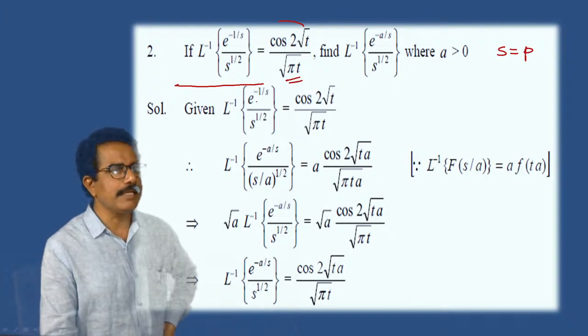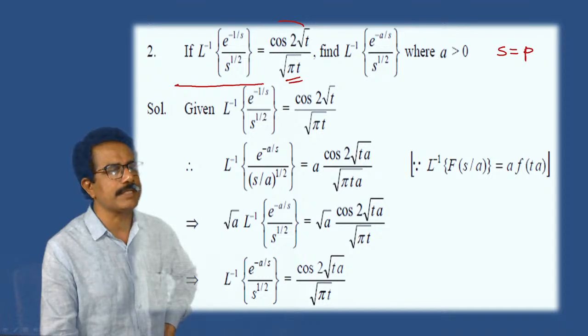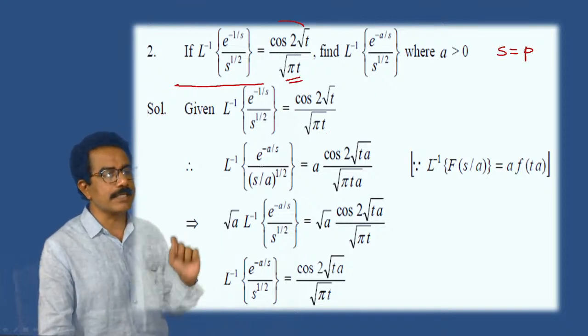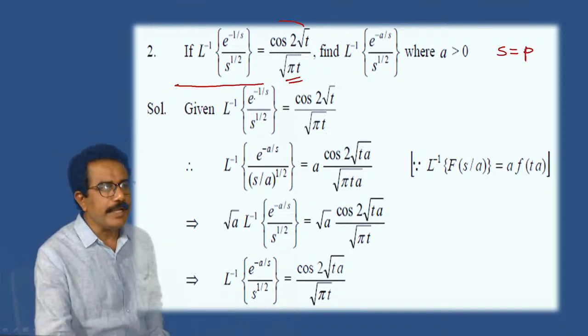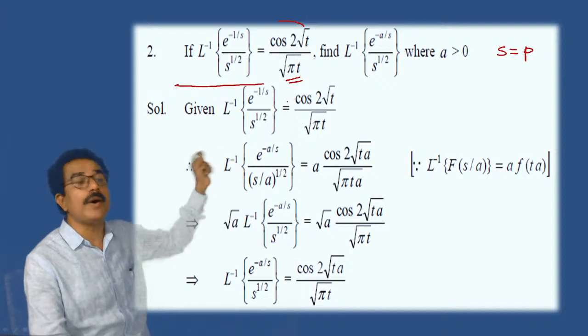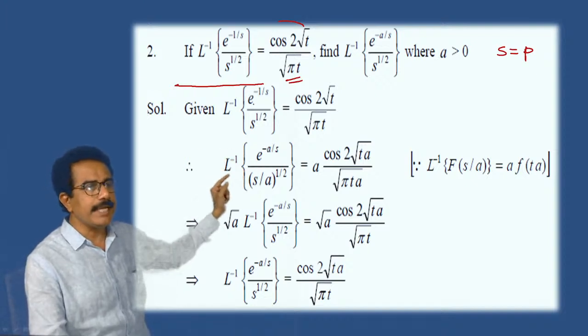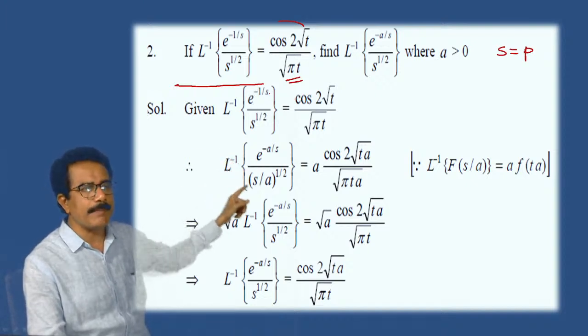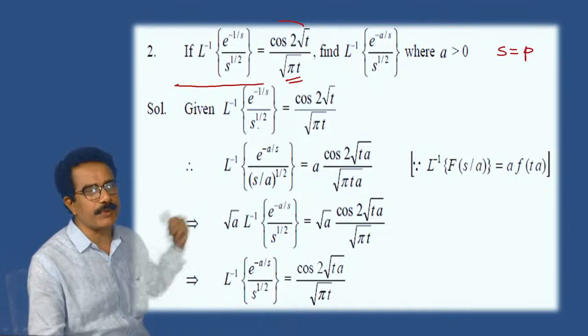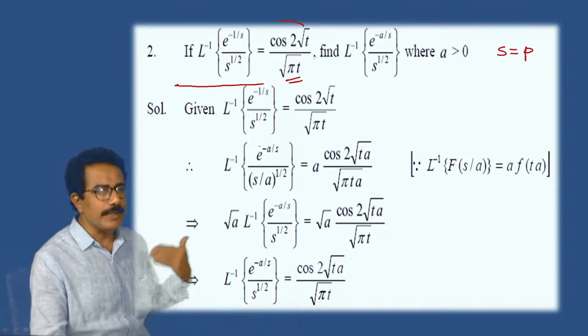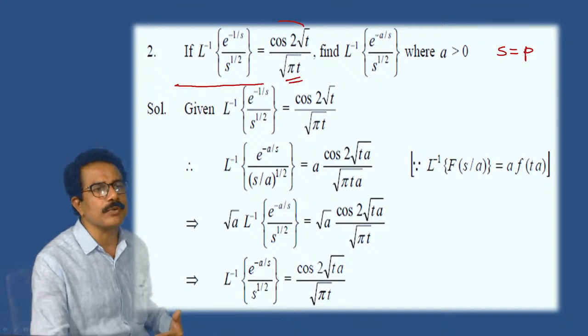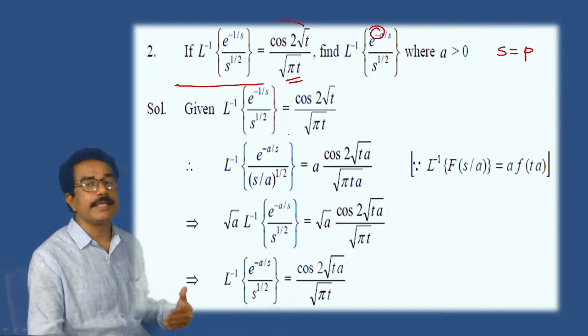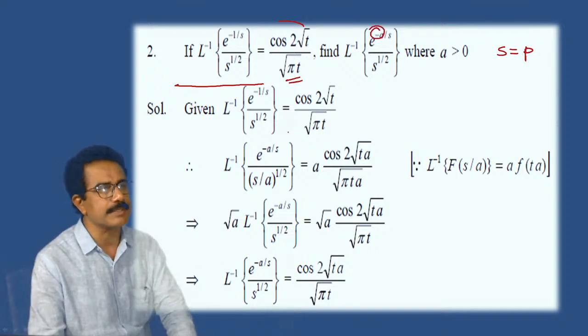Given that L inverse of e raised to minus 1 by s divided by s raised to 1 by 2 is equals to cos 2 root t divided by root pi t. Again, we have to write this in the form of a, because we have to calculate the result in terms of a.